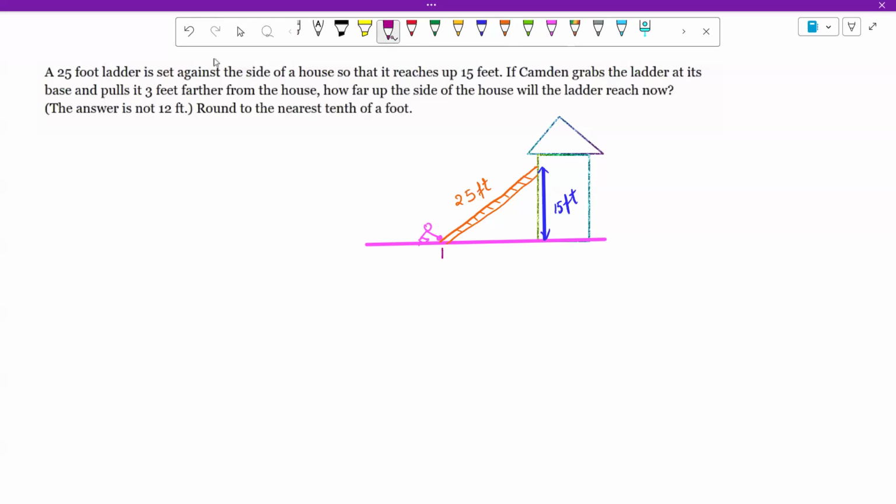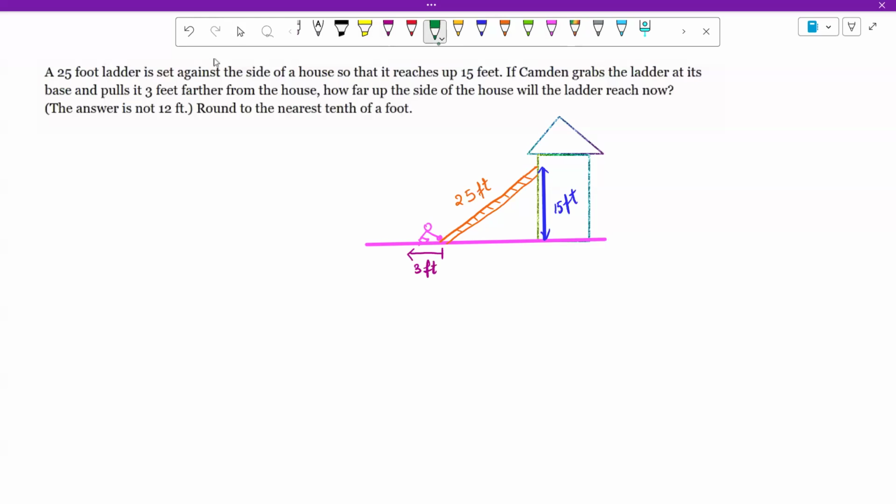So this Camden person is here and he just pulled it 3 feet farther from the house. How far up the side of the house will the ladder reach now?